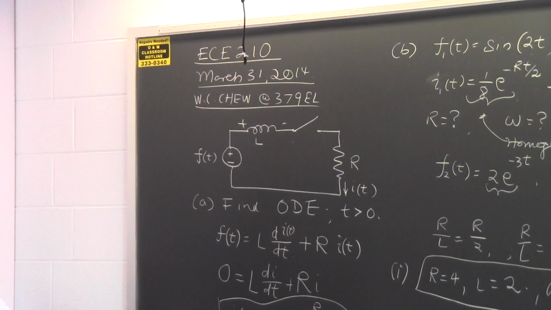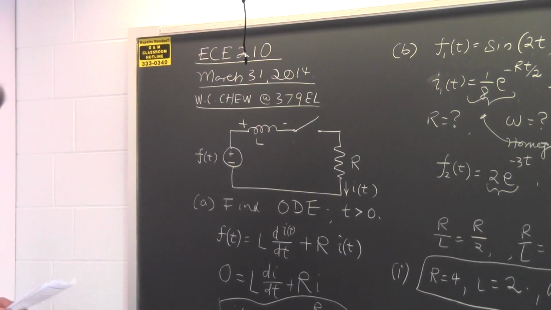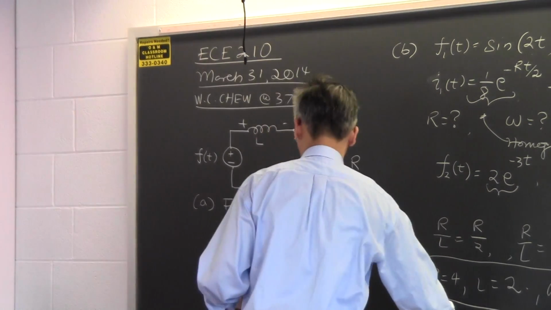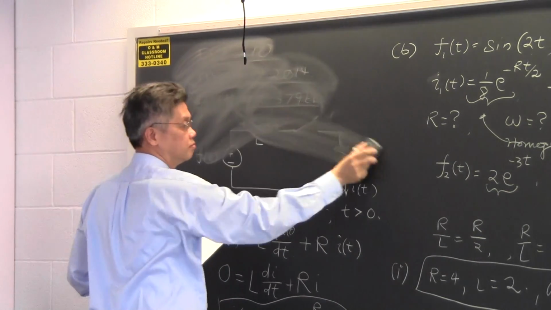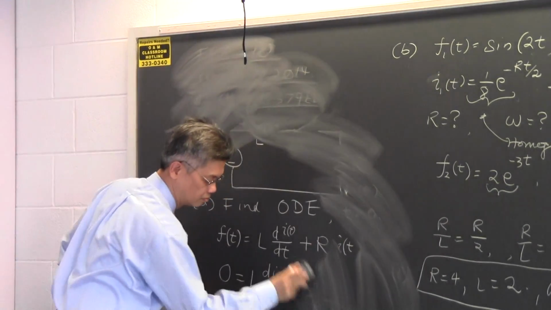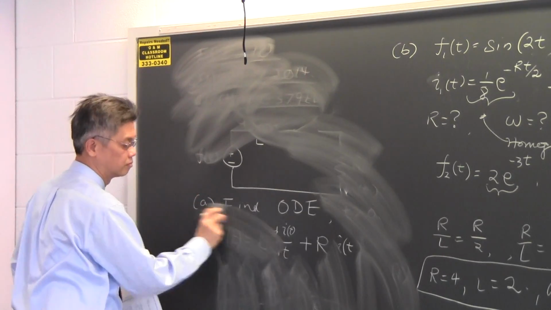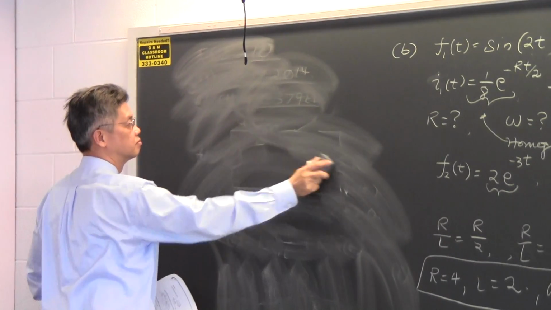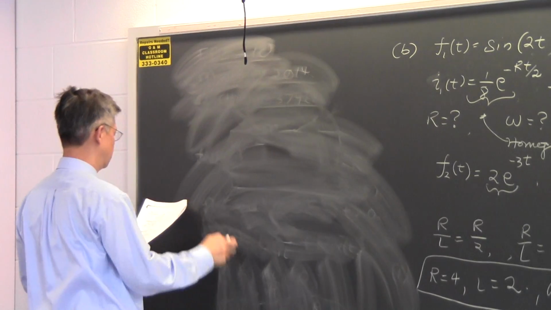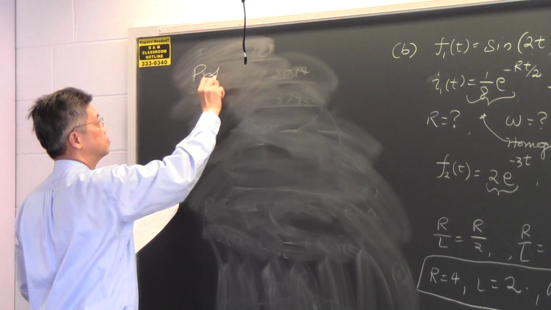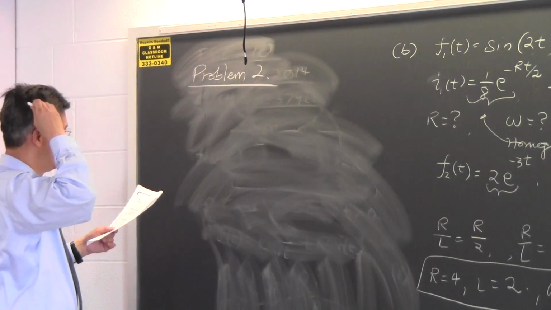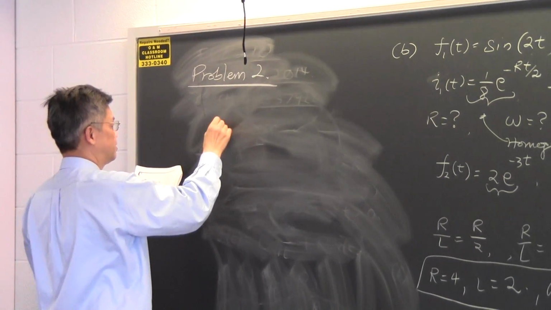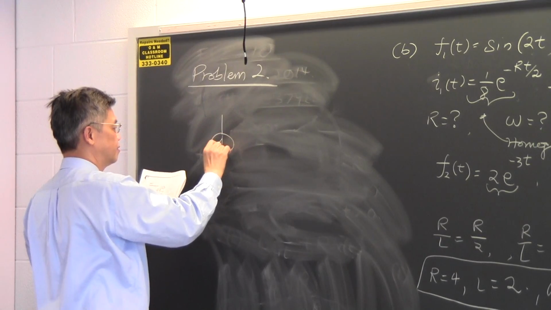Let's move on to problem 2 then. What's your name? Peter. Problem 2, you're given a phasor circuit that looks something like this.